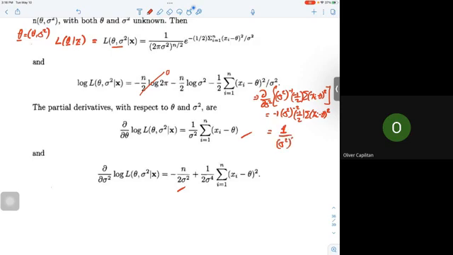Sigma square squared is sigma 4. So we got the second. Then you equate this to 0.